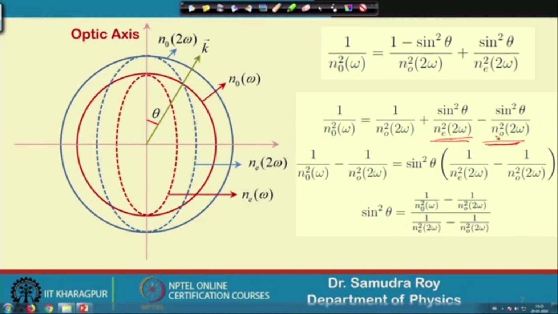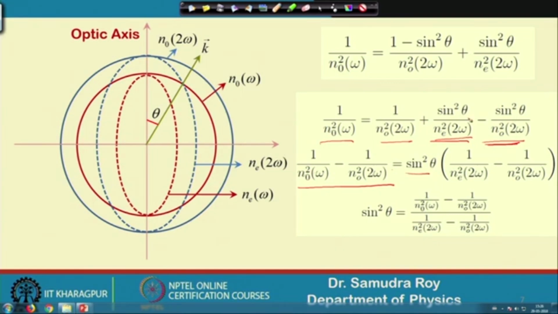So, these two terms are a function of sin theta, and we have another two terms. I put this term in the left hand side and I am getting 1 divided by n_o squared of omega minus 1 divided by n_o squared of 2 omega. So, this is the ordinary refractive index of 2 omega and the ordinary refractive index of omega, and in the right hand side we have sin theta.